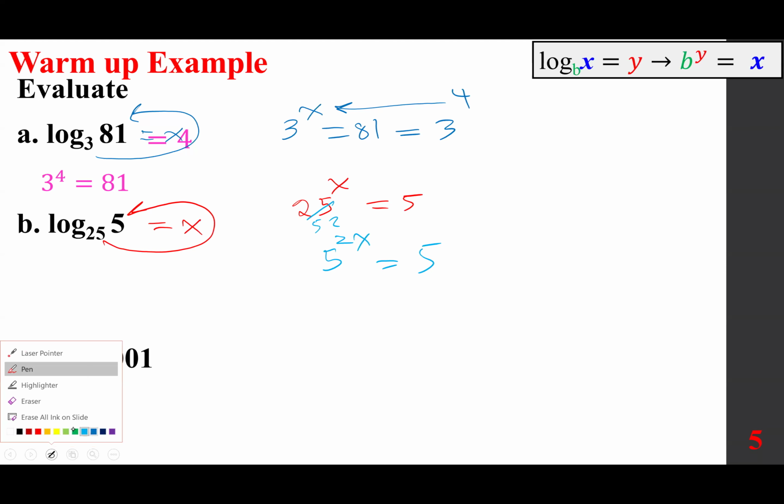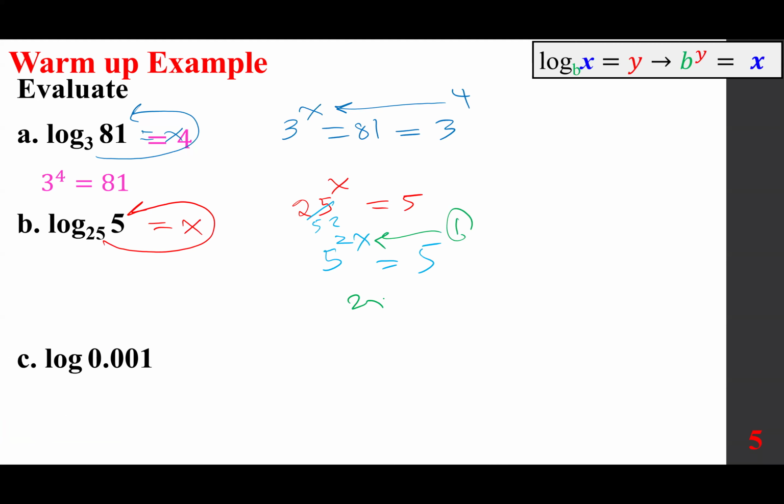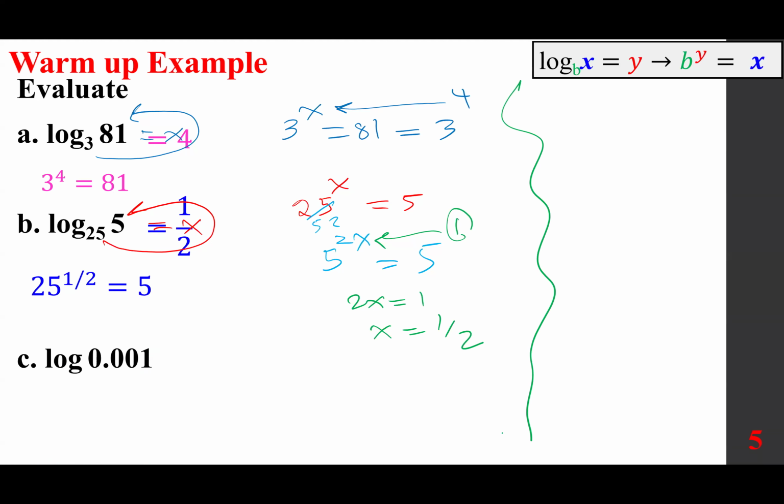And 5 has no exponent, means it must be 1. 2x is 1. x is 1/2. So the answer is 1/2 because 25 to the power of 1/2 is 5. As far as the last one is concerned, the answer is -3 because 10 to the power of -3 is 0.001.